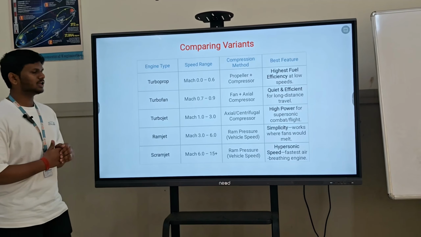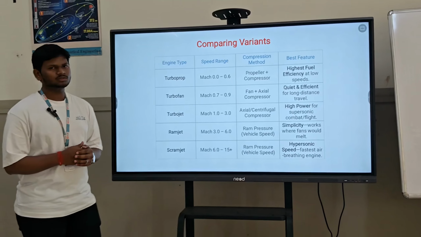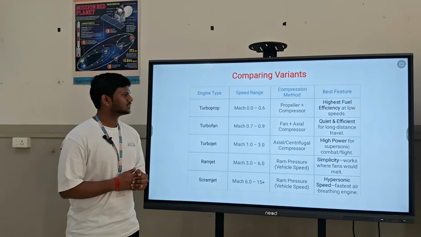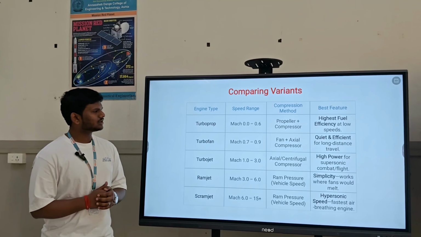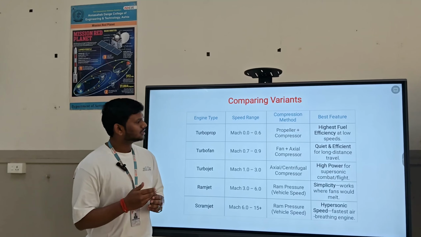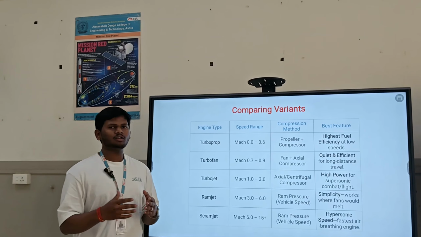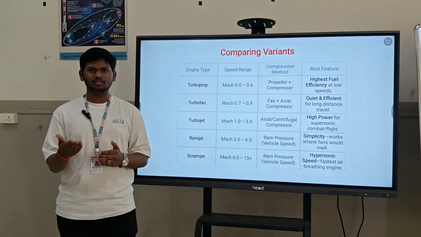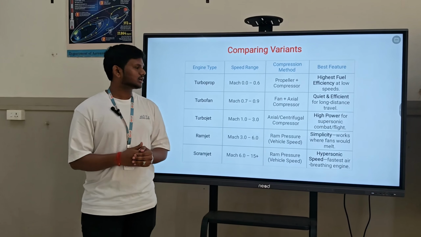Then we have the turbofan, with a Mach number around 0.7 to 0.9, with a compression method of fan plus axial compressor. It is quite efficient for long-distance travel, so we can use this type of engine in cargo aircraft.